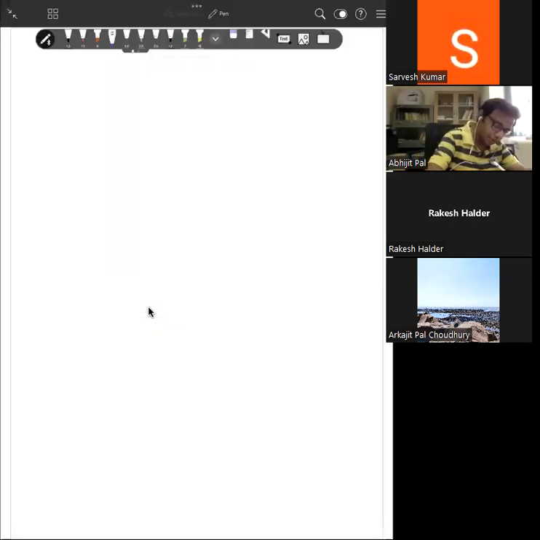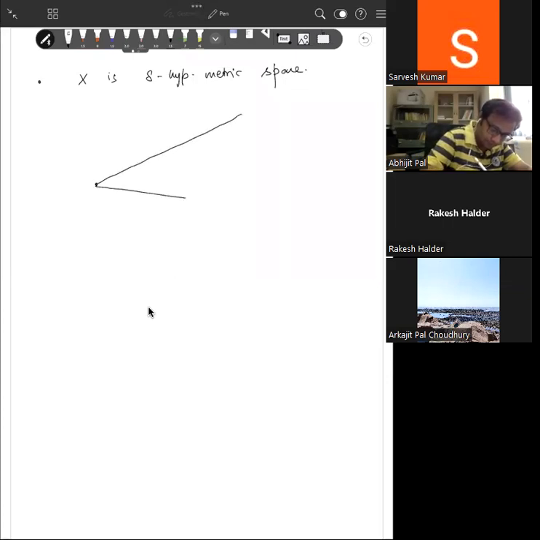So what you do is start with a delta hyperbolic metric space, and now you take two geodesics starting from a point. Let us fix a point and call it the base point. Now we do not have this concept of angle here.